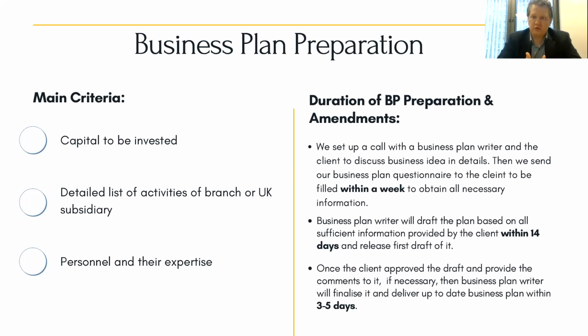Because once you look at the financials, the main question is what capital must be invested in the UK, and the capital amount to be invested in the UK is going to be invested by the overseas headquarter company. How is it going to be invested? Based on the profits received from previous years. We need to look at the profits received by the overseas company from previous years, and we need to look at the industry and suggest how much capital is required.